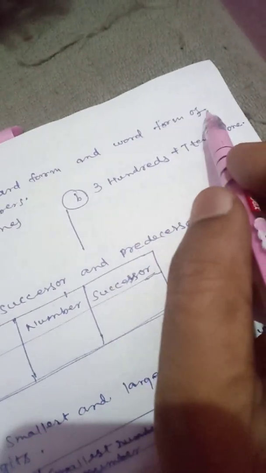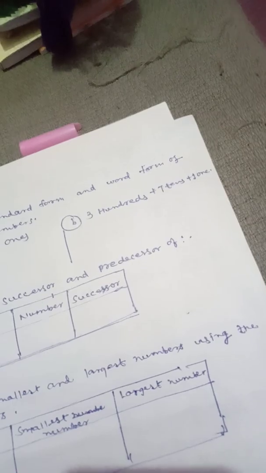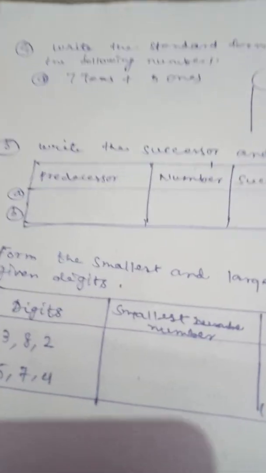Write the standard form and word form of the following numbers. So 7 tens, 5 ones. So here, what is the standard form of the number?